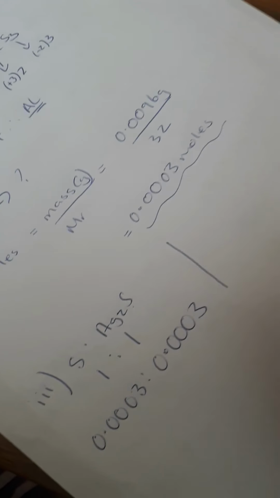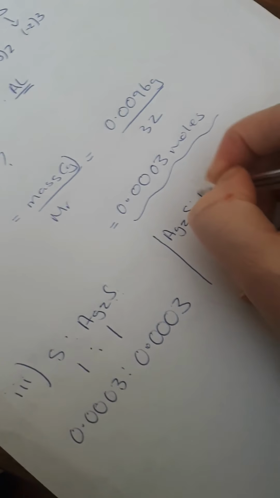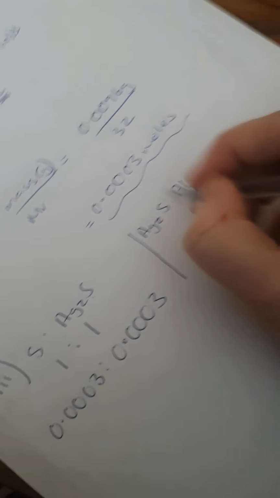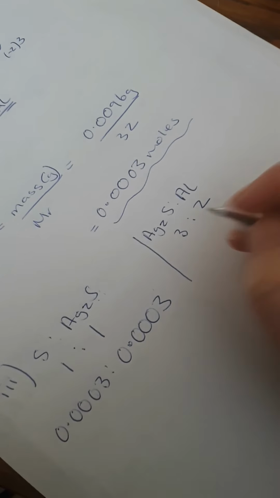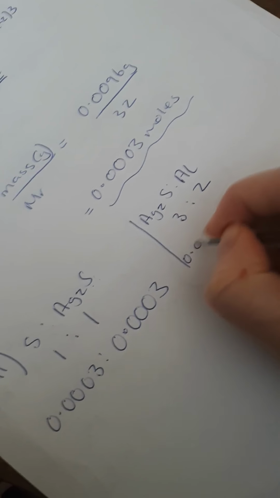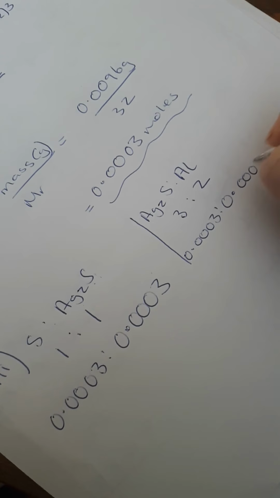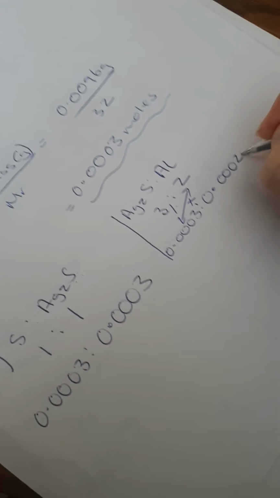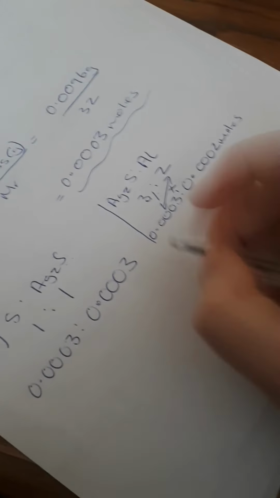Next then, what mass of aluminium? So I set up my ratio, Ag2S is to Al. My ratio there is for every 3 Ag2S, I have 2 aluminiums. So I have 0.0003 silver sulfides, so I have 0.0003 multiplied by what I know, divided by the bit left over, moles of aluminium. I'm asked for mass.